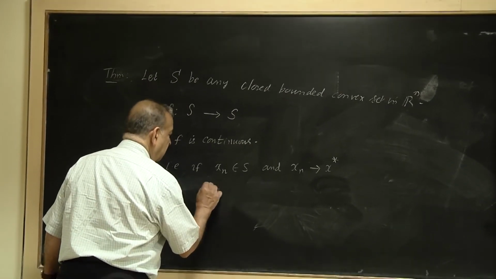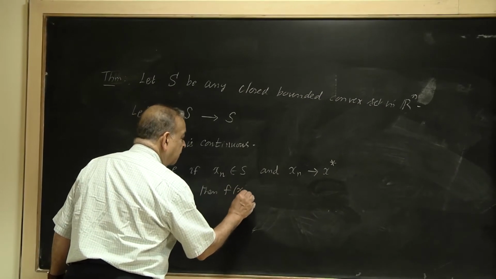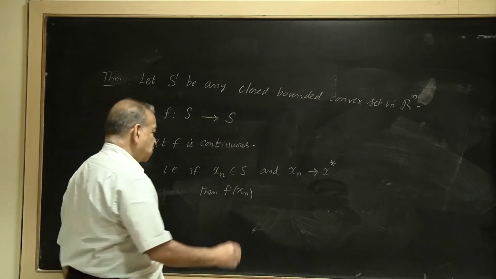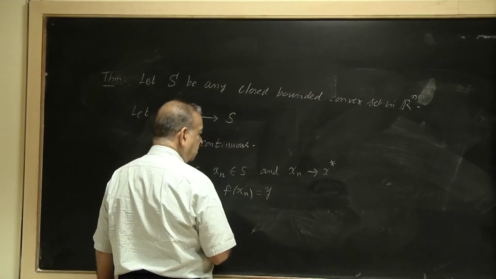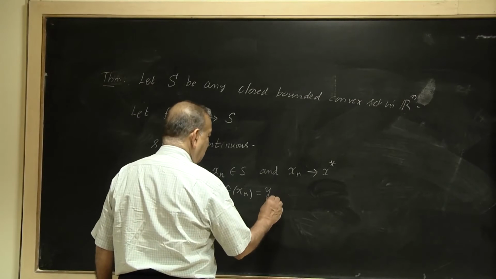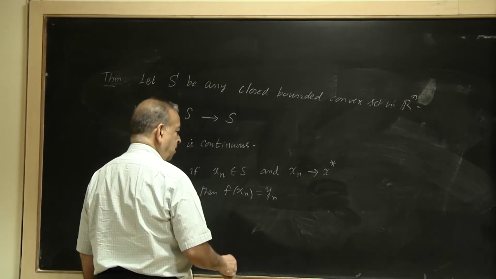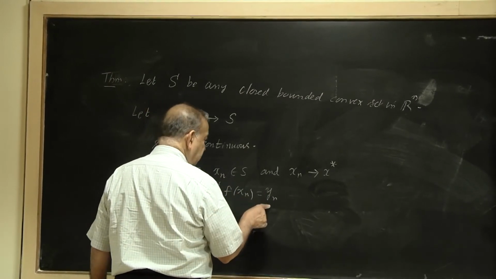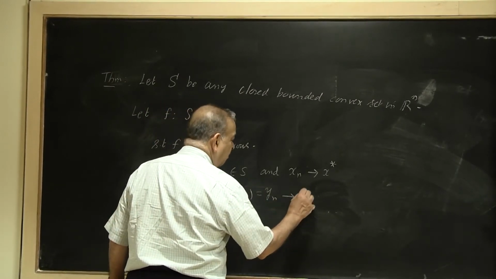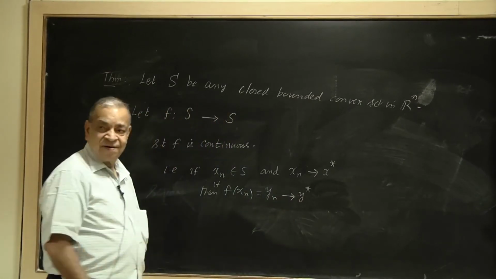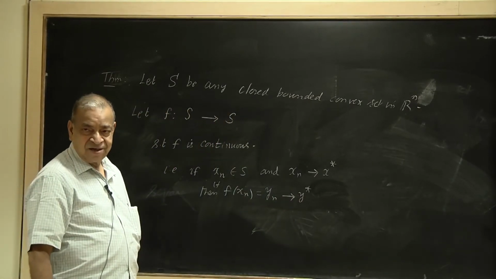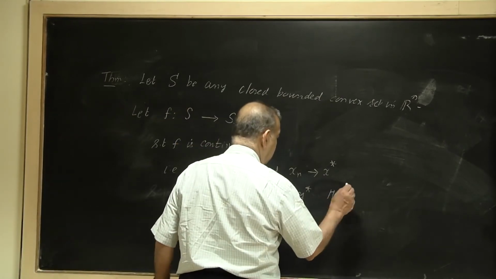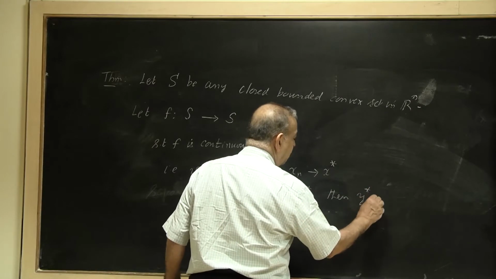Then f of xn is also in S. So call it yn. Then if f of xn, which is equal to yn, goes to some y star, suppose it does, then y star should be equal to f of x star.